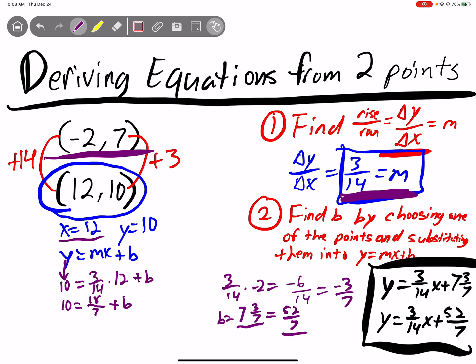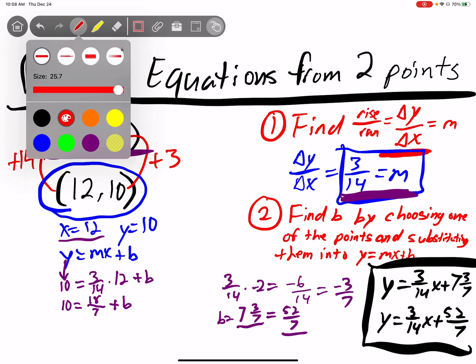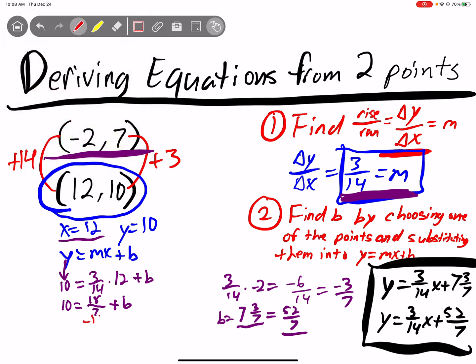And now I'm going to subtract 18/7 from the left side and the right side. These are going to cancel each other out.